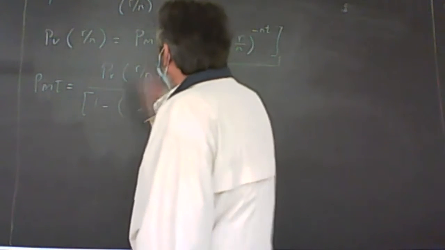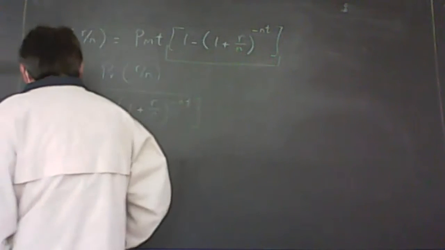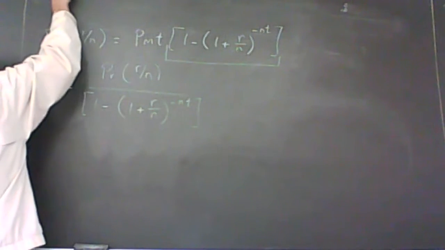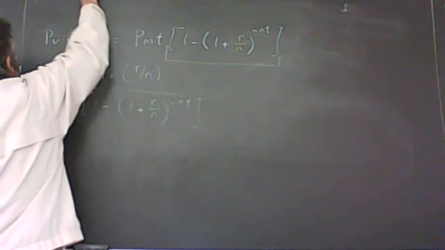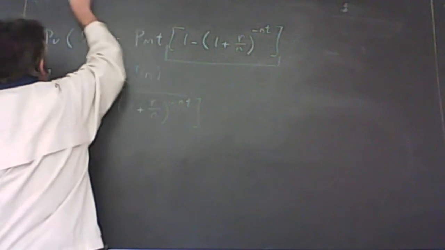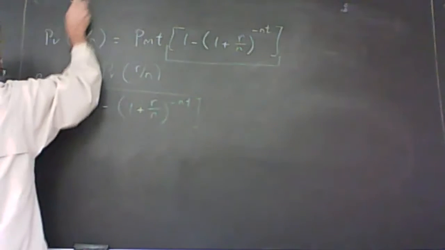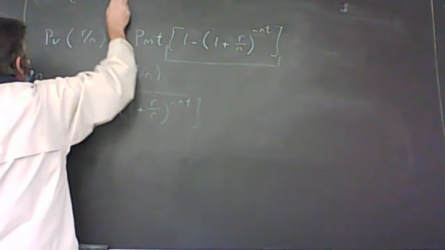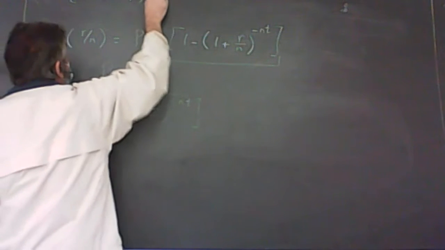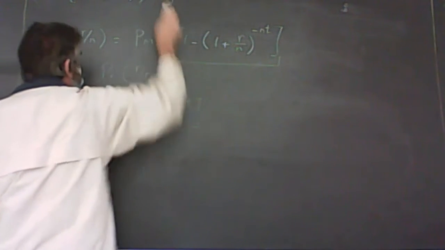Okay, now let me put the formula up there because this is the one we're probably going to use. So the payment equals PV times R over N over 1 minus 1 plus R over N to the minus NT.